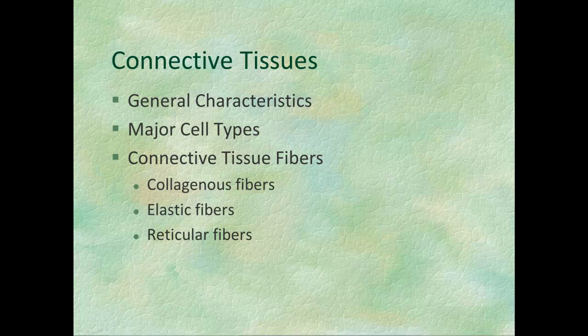And reticular fibers are common in specific types of tissue. For instance, lymphatic tissue contains a lot of reticular fibers. But you also see it in other areas. For instance, the basement membranes, or the membranes underlying epithelial tissues, often have a large concentration of reticular fibers.